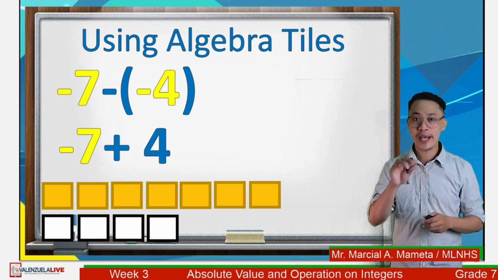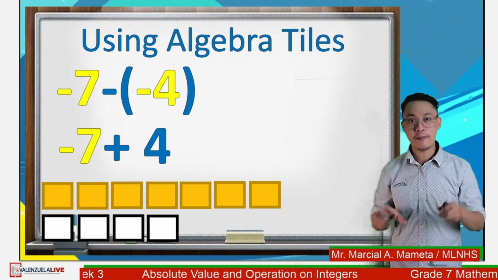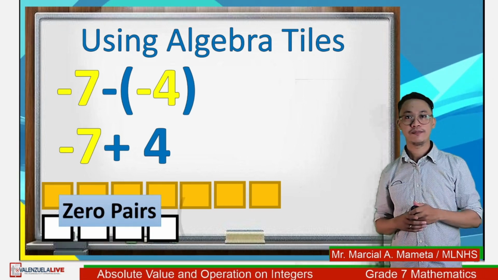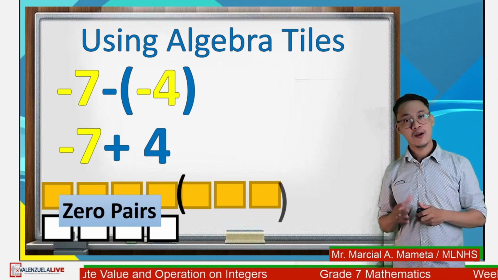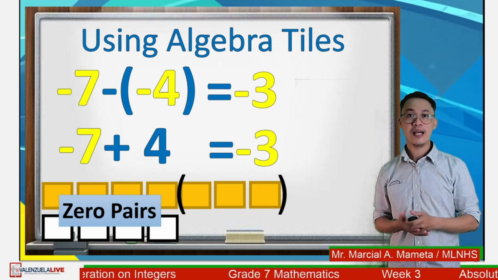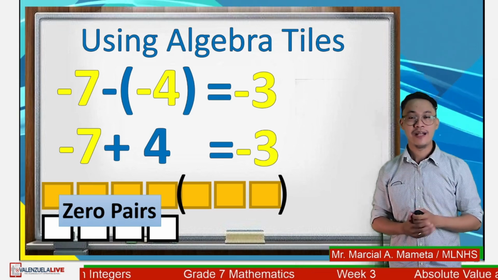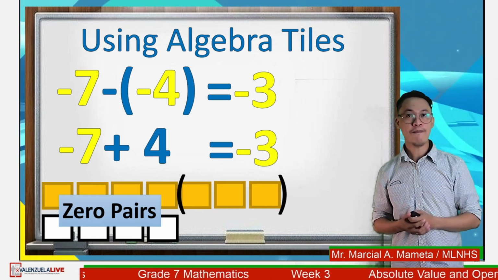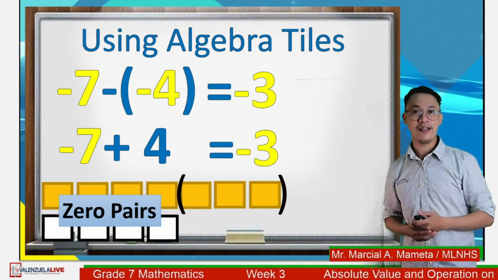In this case, we have the 0 pairs. How many remain? We have 3 yellow tiles. So therefore, the answer is negative 3. Negative 7 minus negative 4 is negative 3.